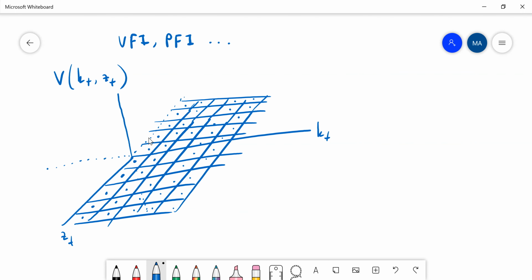That depends on your computing power, that depends on the precision you want to have, etc. But suppose that there is this set such that you can write your possible values of Z in this way, right?